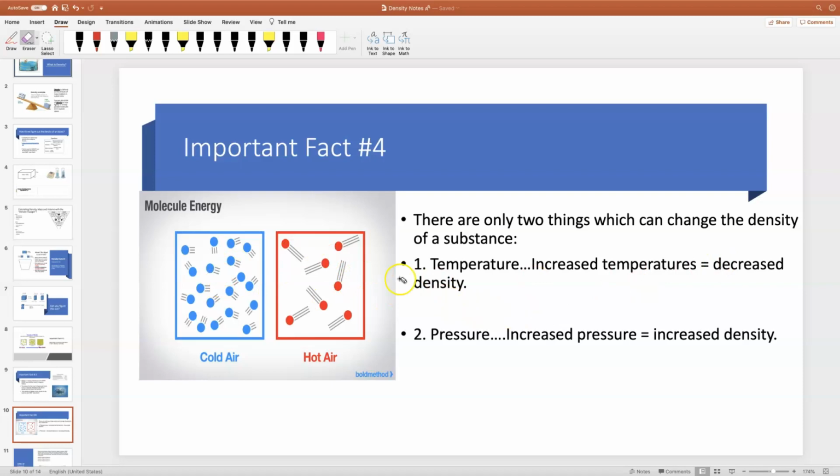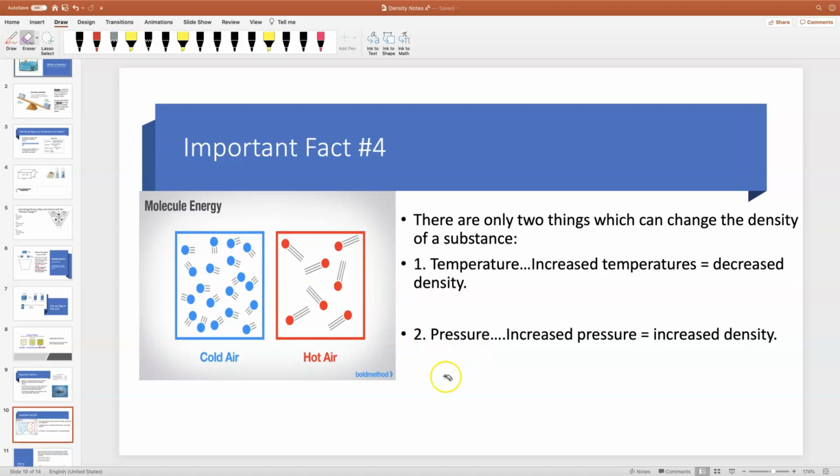Remember, density is how tightly or loosely packed molecules are. So if I compare cold air to hot air, cold air is much more tightly packed, which means it has a higher density than warmed air. Warmed air allows those molecules to spread apart, and that in turn decreases density.